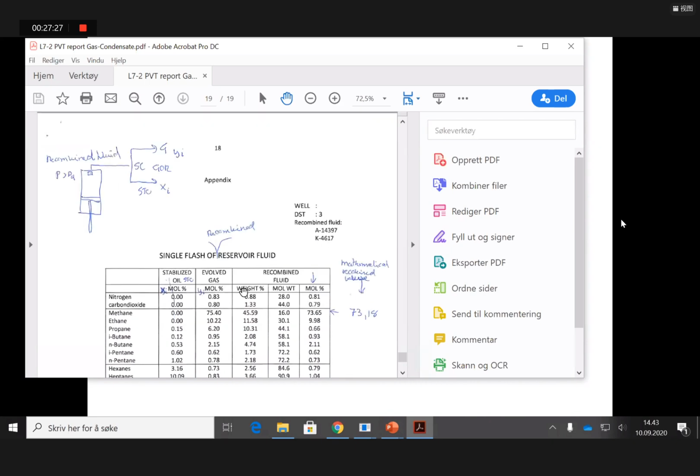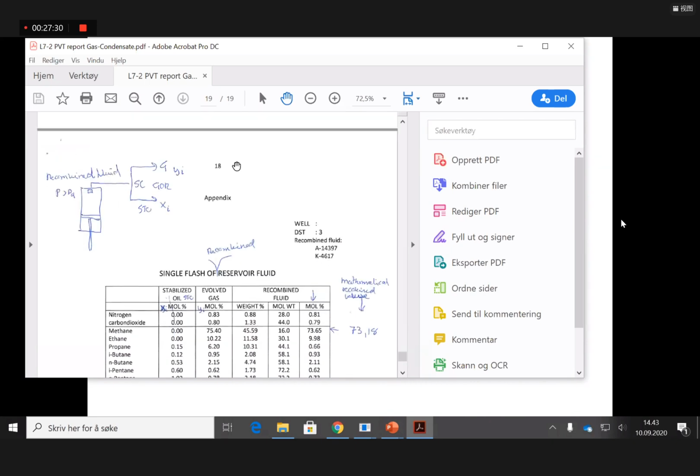What we have done on page 18 is the appendix, and in the appendix, for the recombined fluid that we have been working on in the laboratory, we have to control the composition of that.